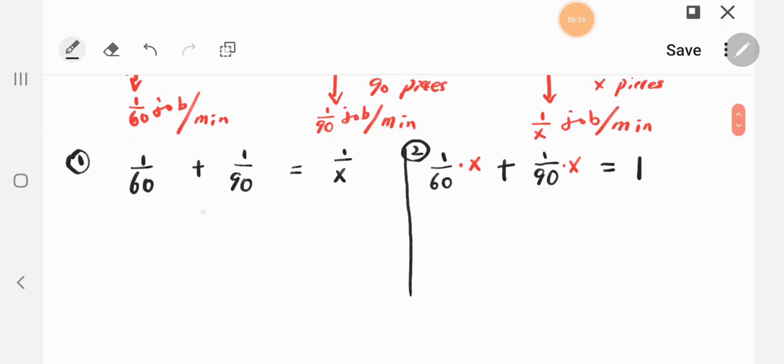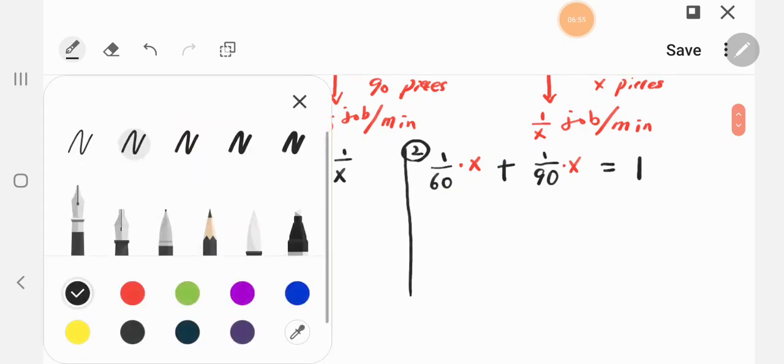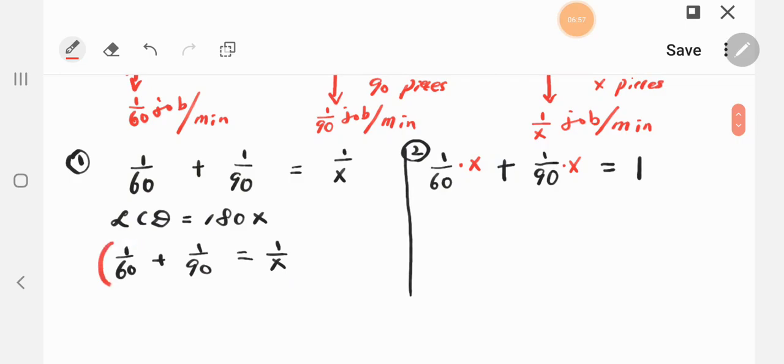From this first one, let's get rid of the denominators. How? Find the LCD. The LCD is 180x. Multiply each side by 180x, because we just want to solve for x.